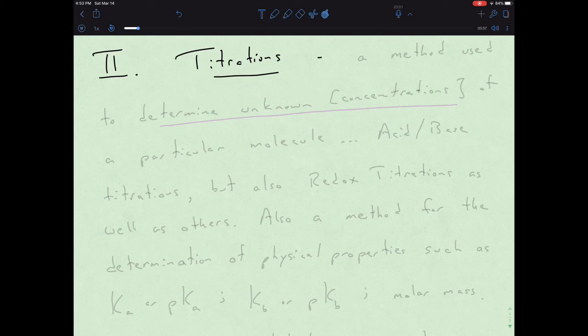And titrations are basically a method used to determine unknown concentrations of a particular molecule.